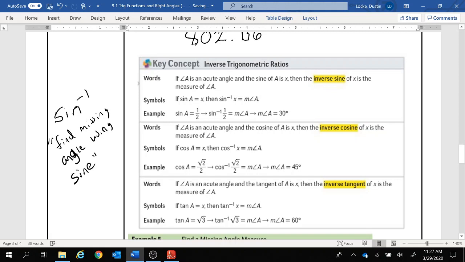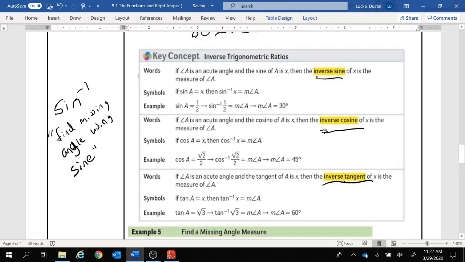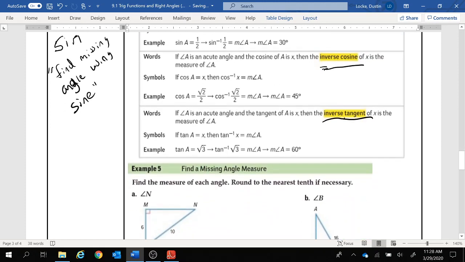Okay, we're going to get into that here in one sec, but this is a lot of information. Really the same thing holds true for all these ratios. So inverse sine, inverse cosine, and inverse tangent are going to have the same exact guiding principles in terms of setting it up and finding the missing angle.